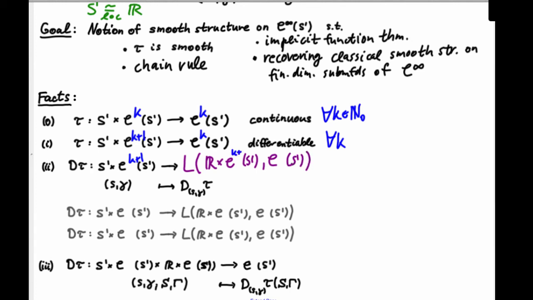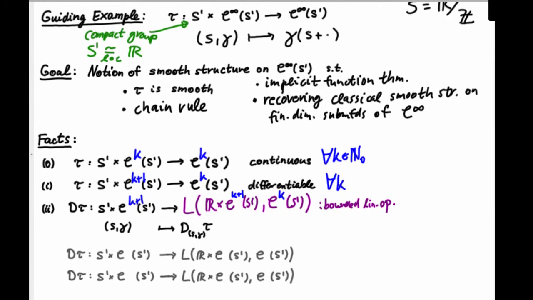I'm going to try and indicate my scales in blue here. So the claim is that, first of all, these are bounded linear operators. Let's see, what is a good guess? I'm going to have to vary s in some direction, capital S, and the map little gamma in some direction, capital Gamma.